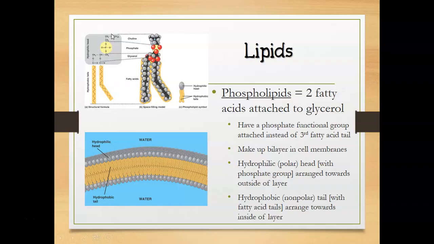So you've got these phosphate groups, these heads that like the water that's outside and like the water that's inside your cells. And then you get that double layer because those fatty acid tails can then get protected on the inside of that double layer and not have to interact with the water because they are, by definition, hydrophobic.